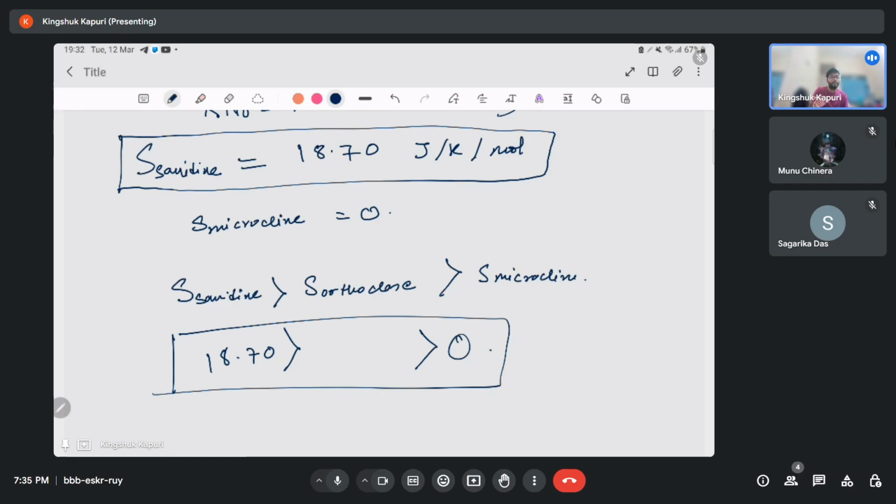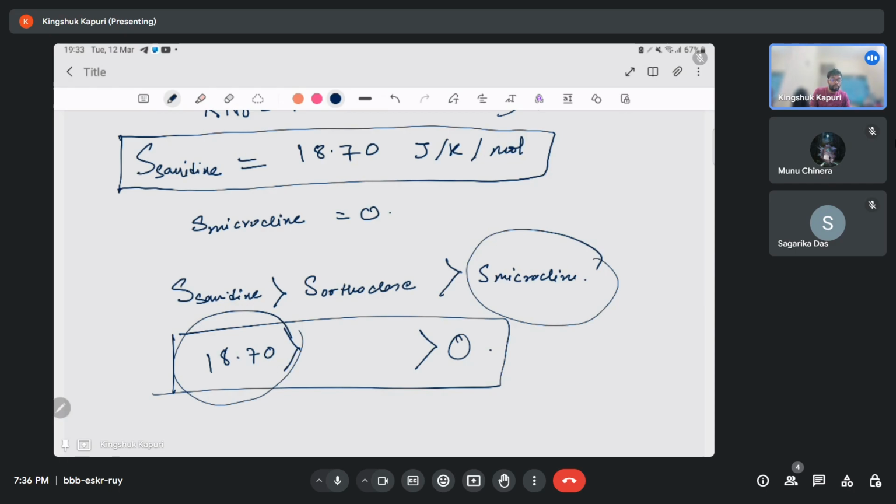Sagarika was asking why we consider that they are changing positions. The reason is simple: it is subjected to higher temperature, because the configurational entropy of sanidine is 18.70, and for microcline, the configurational entropy is 0.